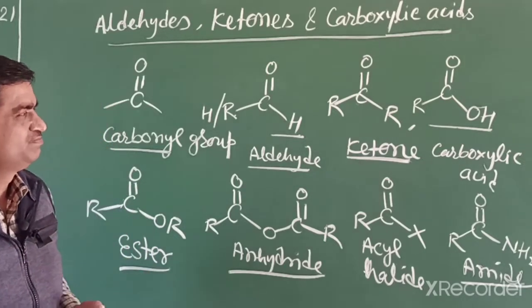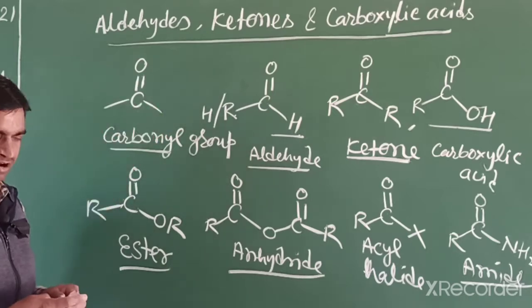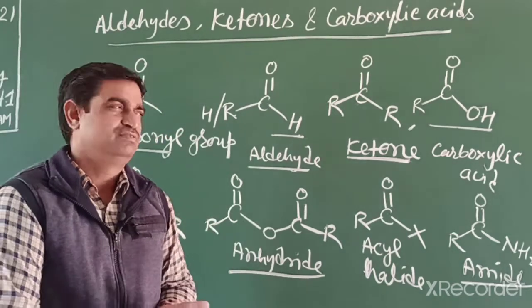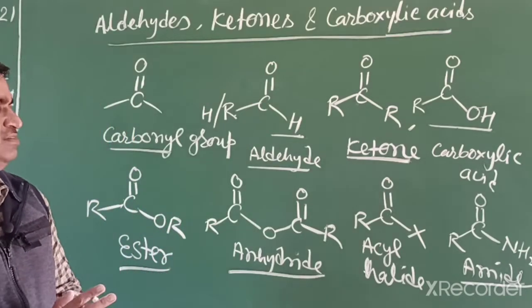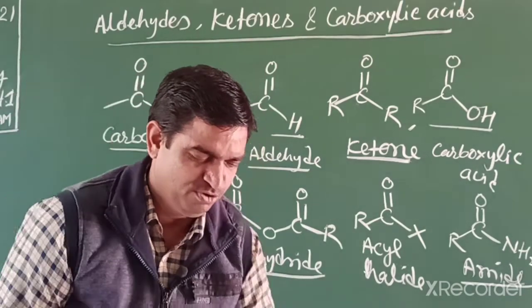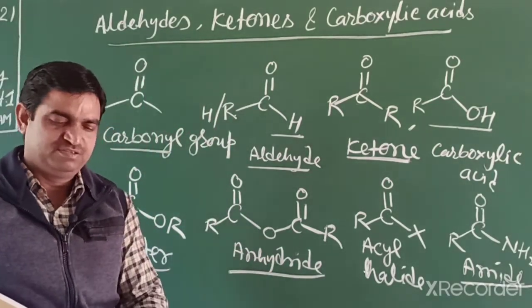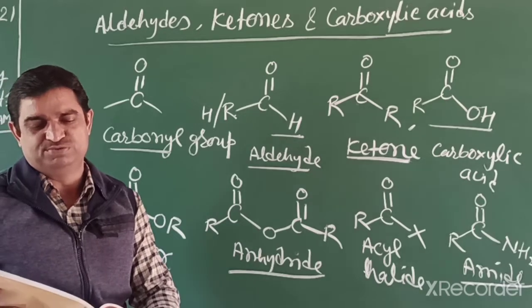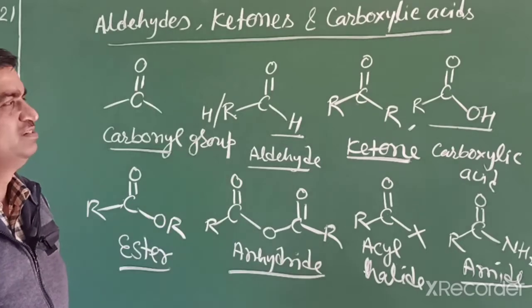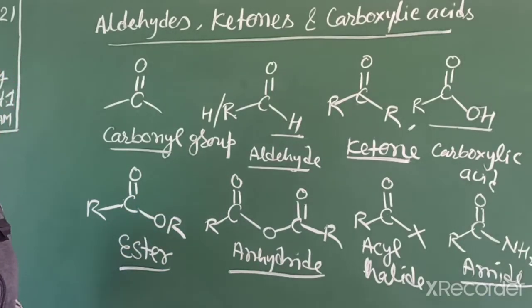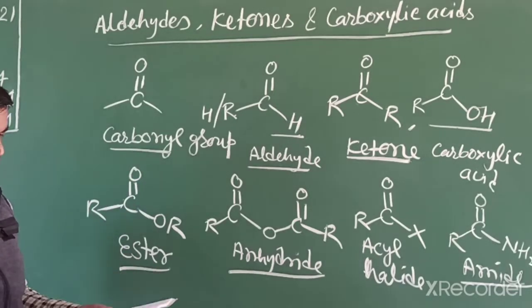So first, why do we study these compounds? Because these types of compounds are found in nature, and they have very important uses in plastics, resins, and many more, given in your book. You can find plastics, fibers, perfumes, paints, resins, adhesives; we can prepare these from these compounds. Especially perfumes we prepare from aldehydes and ketones.